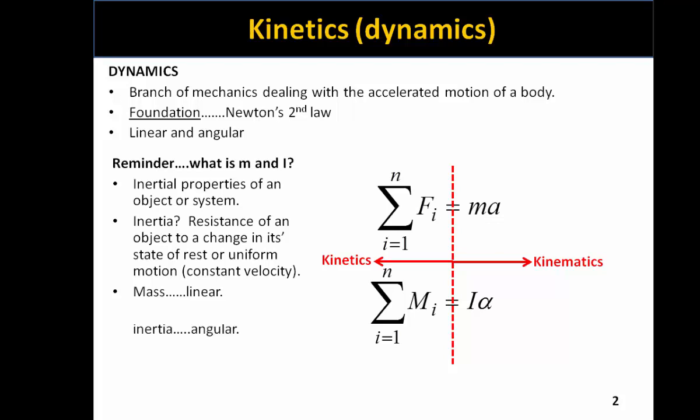In the angular case, I replaces the m, and I refers to something called the moment of inertia. Mass is just one variable in the determination of I as the object's inherent resistance to a change in angular motion, but there are other factors involved.